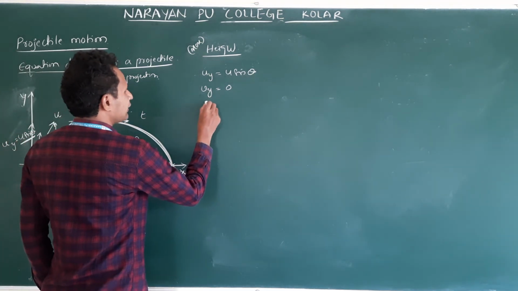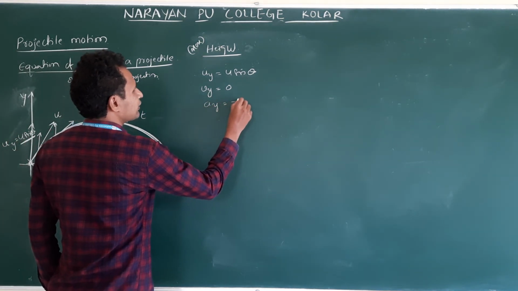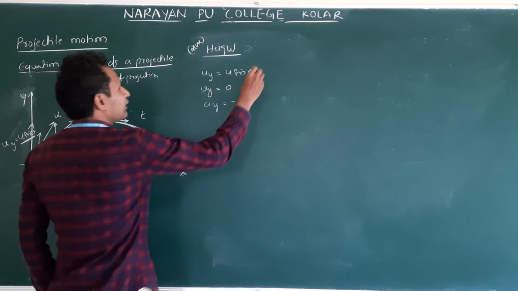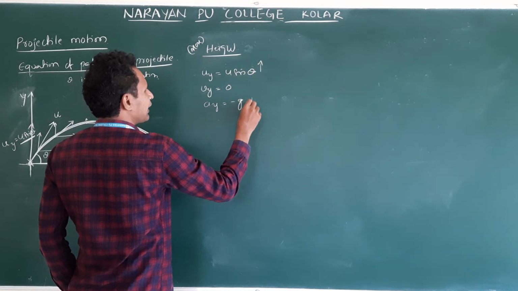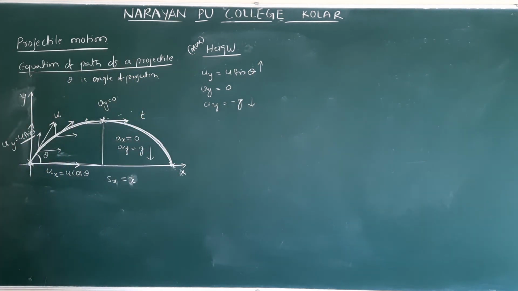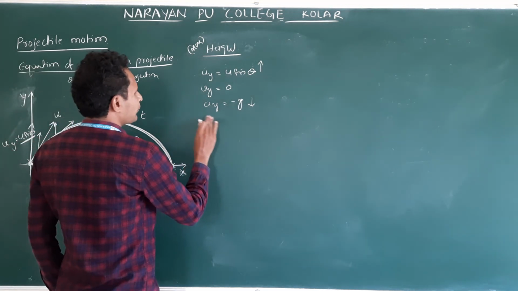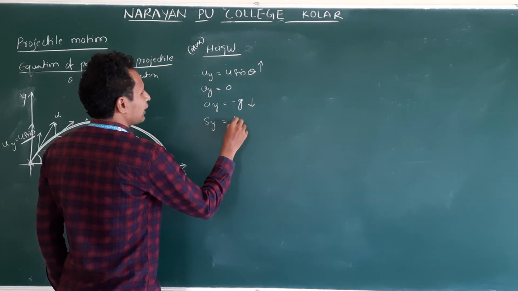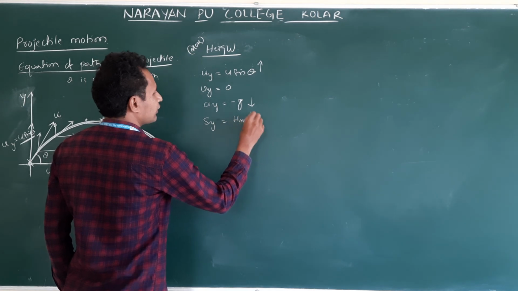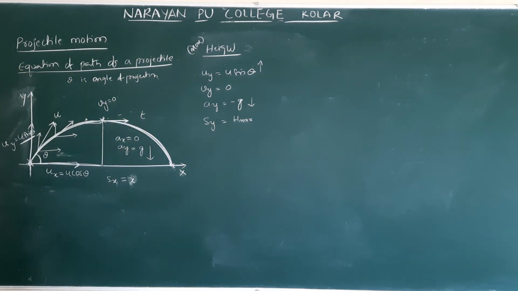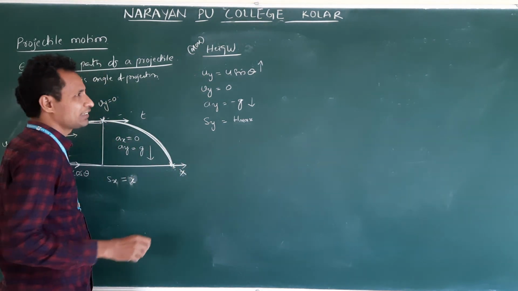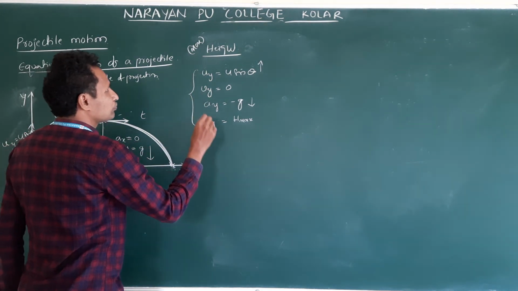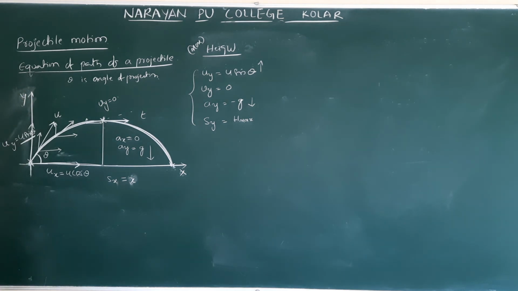Next, acceleration ay is minus g, because the velocity is acting up and the acceleration is acting down. Now displacement we take as sy, and sy is equal to h max. Time is not required in this case. Clear?